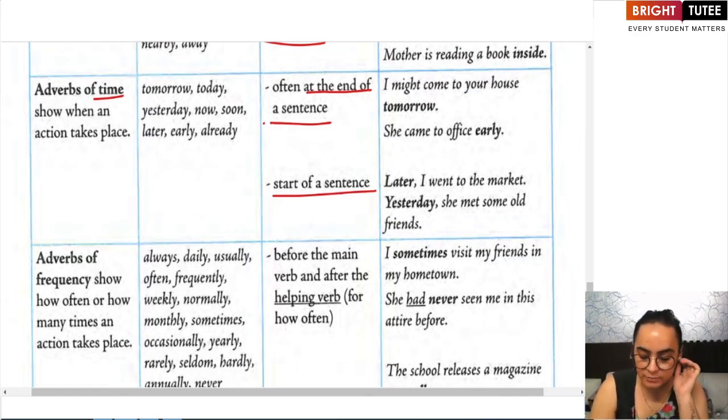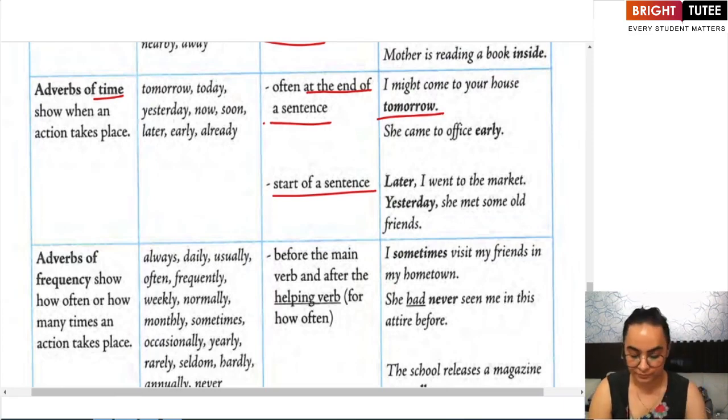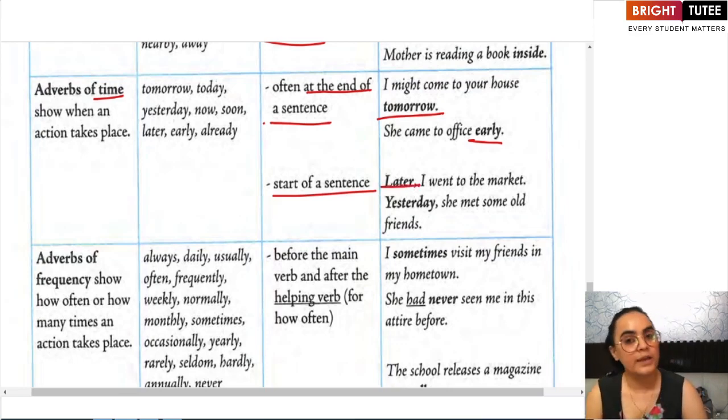I might come to your office tomorrow. She came to the office early. Here, the adverb of time was used at the end. Later, I went to the market, and yesterday she met some old friends. So either at the end or at the beginning of the sentence.